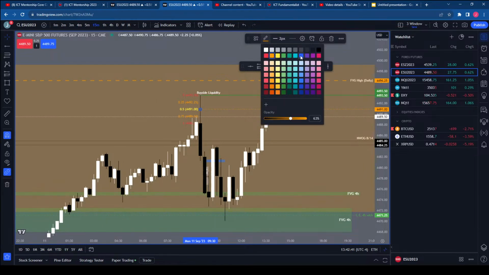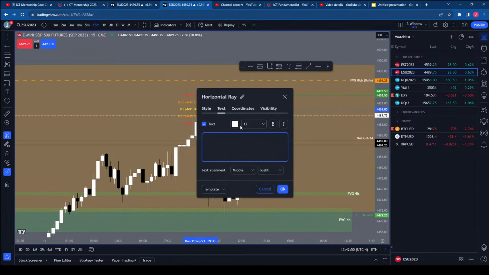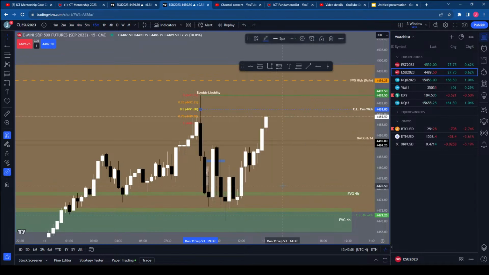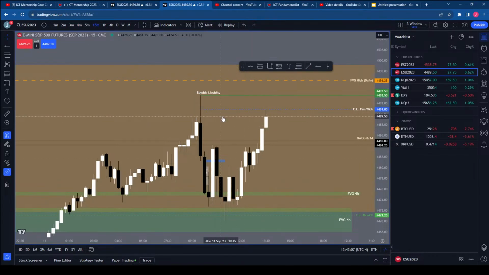Gonna make that blue. Oh, look. Looks like we almost hit it to a T. What are we at? That is the high right now, coming in at 44.90.75.